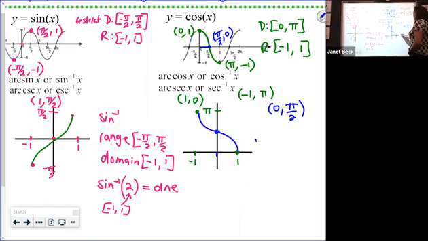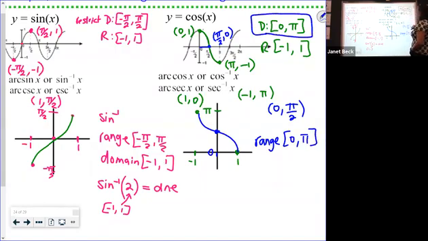And the range of the inverse cosine function is going from 0 to pi, which was the same as the domain, and range and domain switch. And this one's domain, the possible inputs, is the same as the range from the actual cosine.